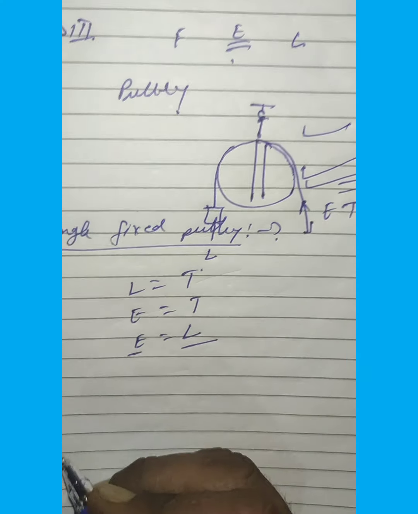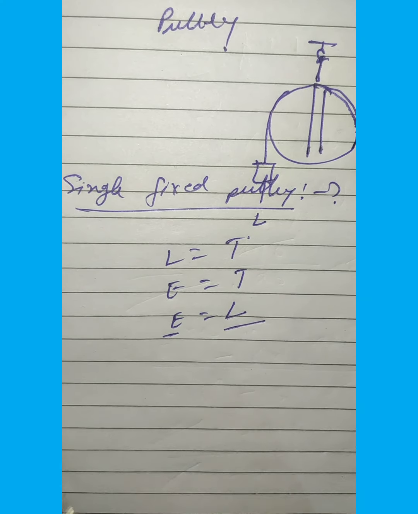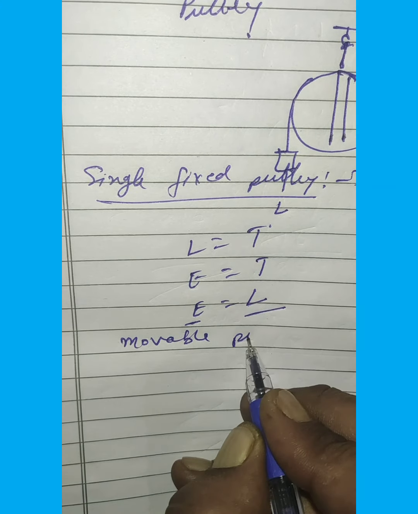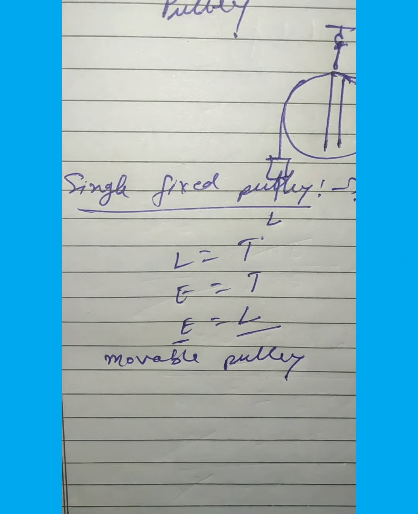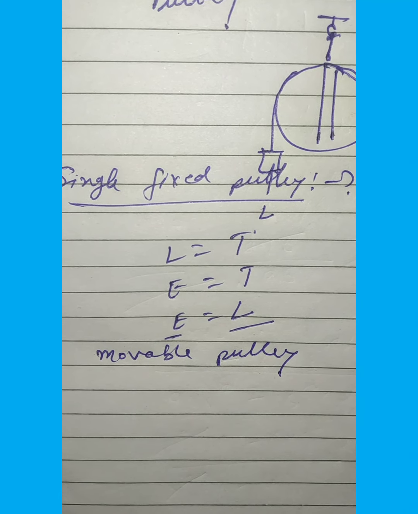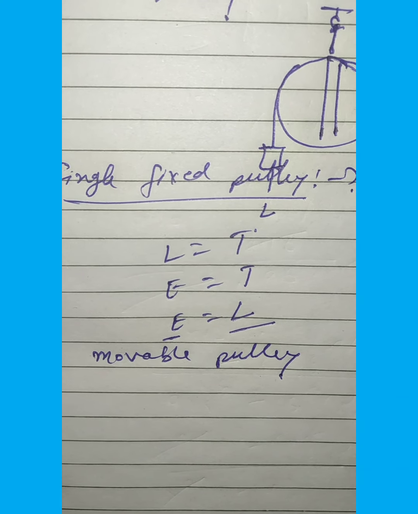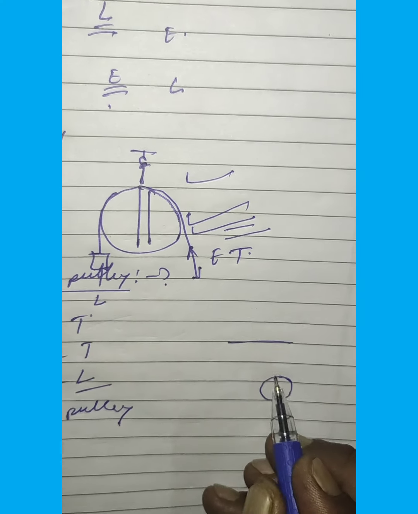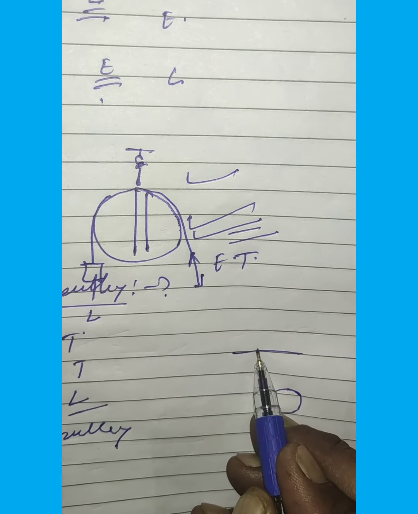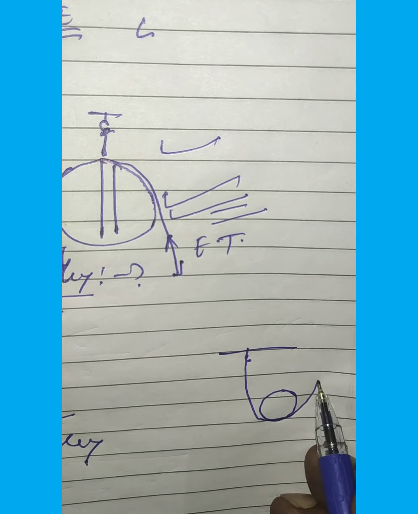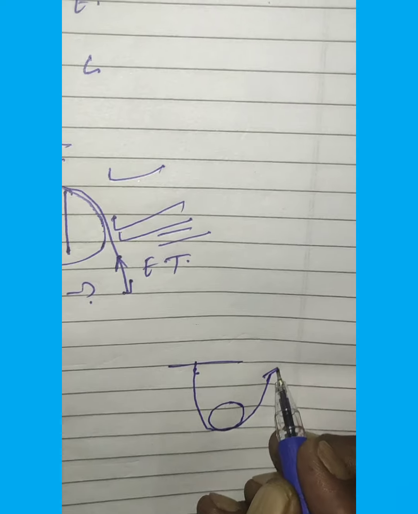Now a single movable pulley: a pulley whose axis of rotation is movable, not fixed in position, is called a movable pulley. Its common example is this pulley system, where the string is attached to a rigid end and the effort is on this side.